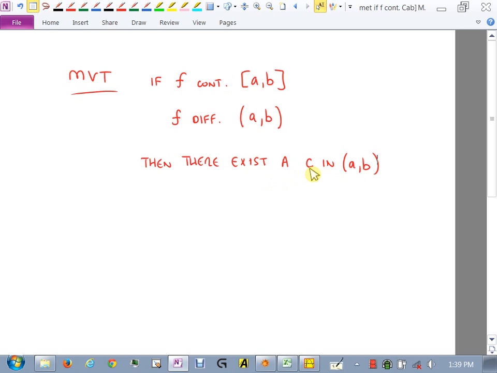The c, the place where the slope of tangent lines is parallel, is never at the endpoints. It's somewhere inside the interval. And then there exists a c somewhere inside such that the derivative of the function at c is equal to f(b) minus f(a) over b minus a.